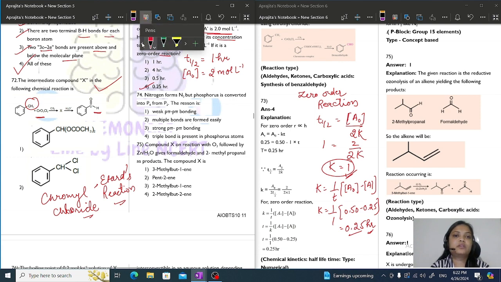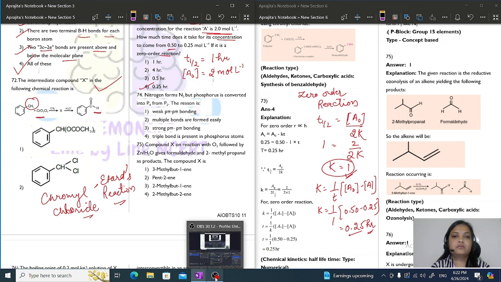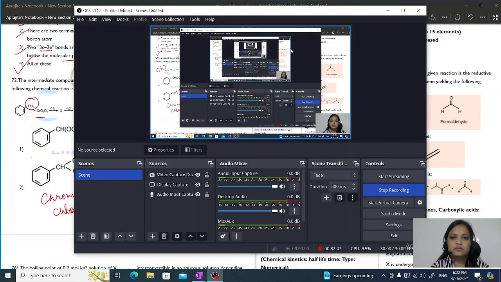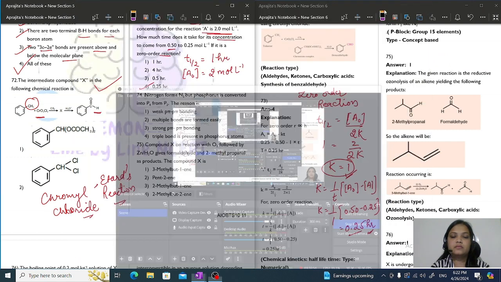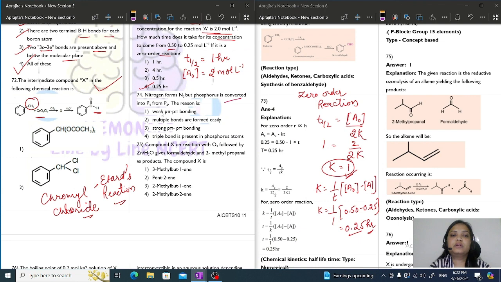Next is question number 74. Nitrogen forms N2 but phosphorus is converted into P4 from P2. The reason is, we know that the size of phosphorus is more than nitrogen, so it is having bigger size than nitrogen. In nitrogen there is a triple bond, means there is pi bonding.